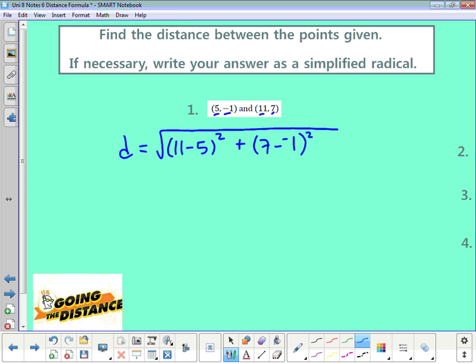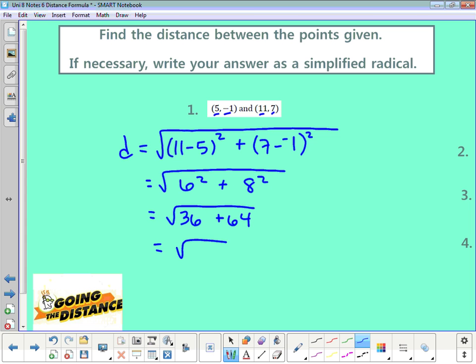And then I just keep solving that. 11 minus 5 is 6. 7 minus -1 is 8. That's the same thing as 36 plus 64, which is the same thing as 100. So my distance is equal to 10.